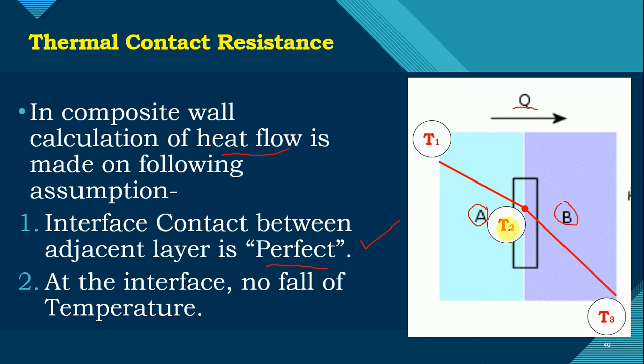If I consider T2 is 100 degrees Celsius, then it is 100 degrees Celsius for the right side of material A and the left side of material B. So there is no fall of temperature. This is what we have assumed when determining heat transfer Q.